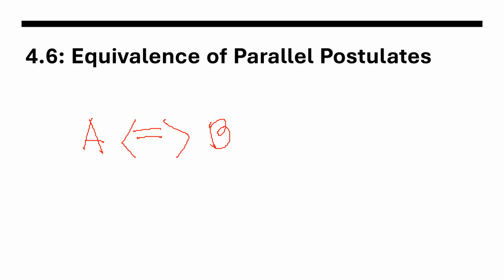When we are talking about equivalent, it means we have here the symbol, a double-headed arrow, meaning that statement A is equivalent to statement B. This further means that if we assume A, then we can prove B, and at the same time, if we assume B, we can prove A. So, meaning they are logically interchangeable.